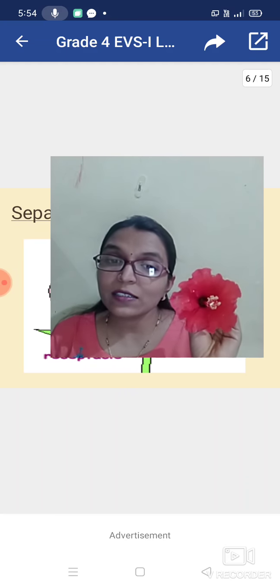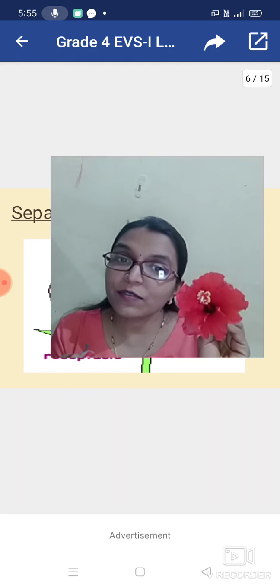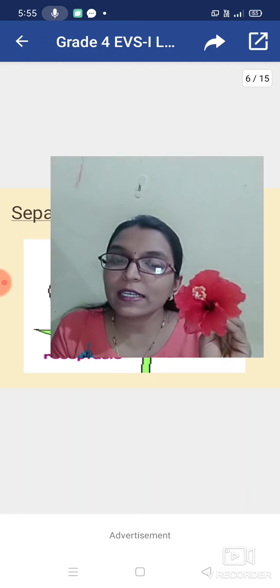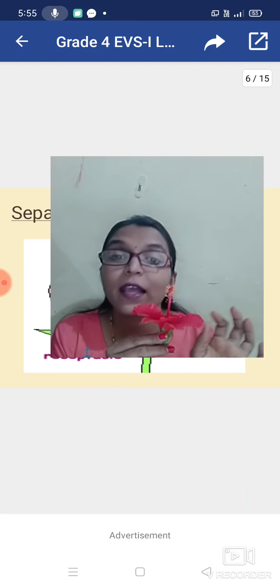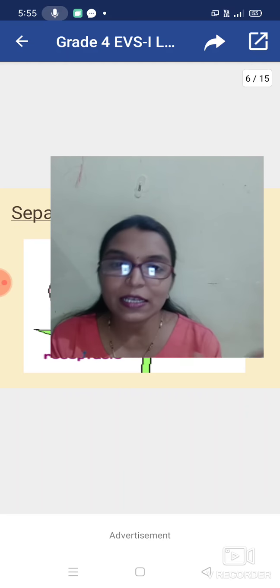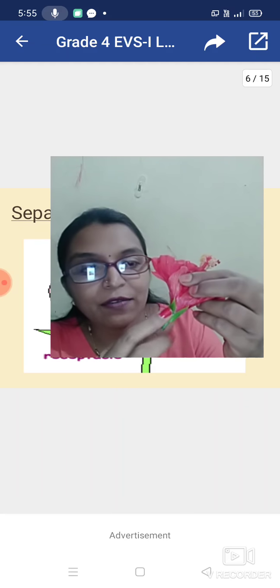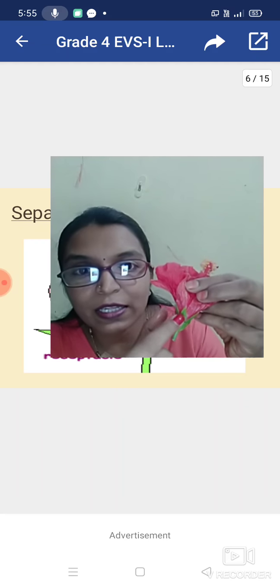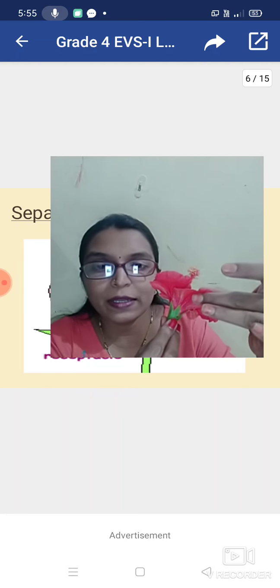So petals are not only red in color. Each flower has a different color. So petals are colorful. And you can remember the difference between sepals and petals. Each flower has, see, this one is sepals and this one is petals.